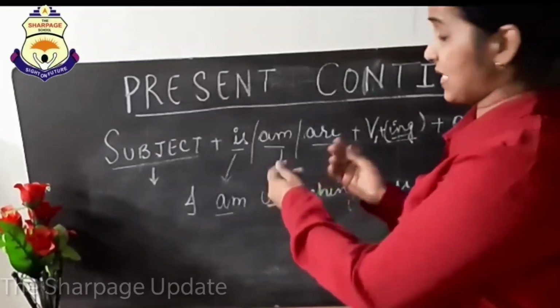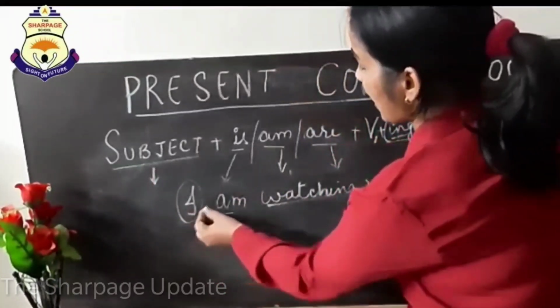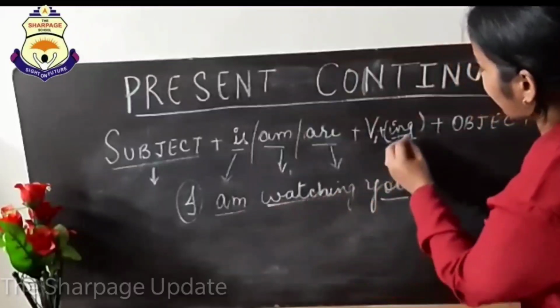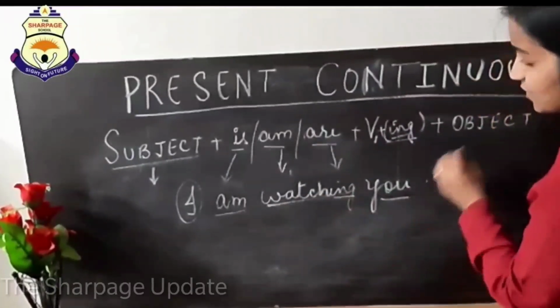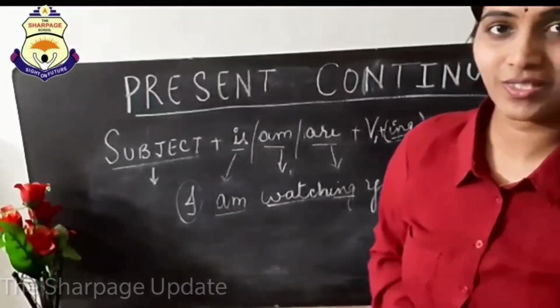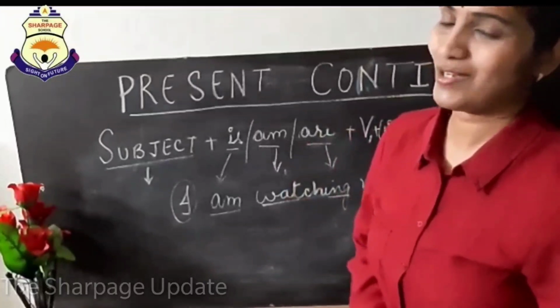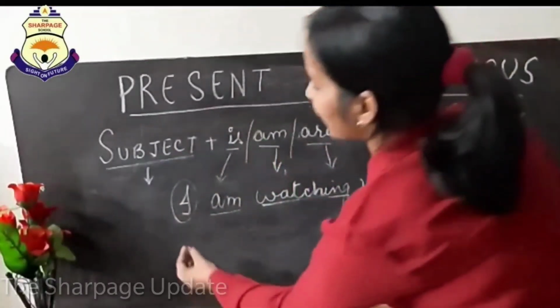Here I have taken an example. I is a subject, and with I we have to take am, and this is the verb, and we have to add ing with the first form of the verb, so it will be watching. I am watching. What are you doing? You are watching me. I am teaching you. These all are the examples of present continuous. One more example we can take.